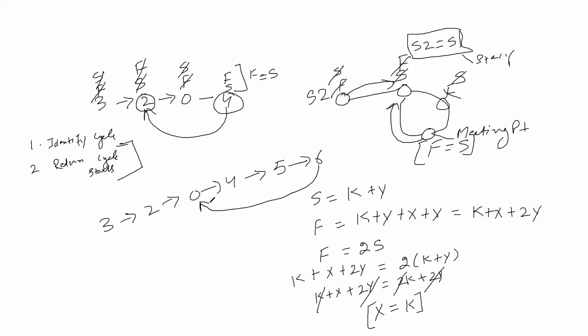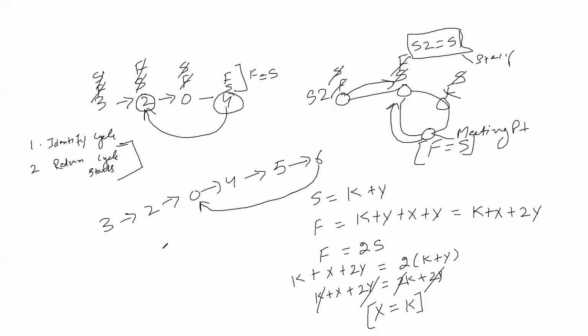Raghav, one quick question. I don't know if you are explaining the same thing, but how does x equal to k relate to that being the start? Can you explain that again, please? We derived the formula that x is equal to k, right?